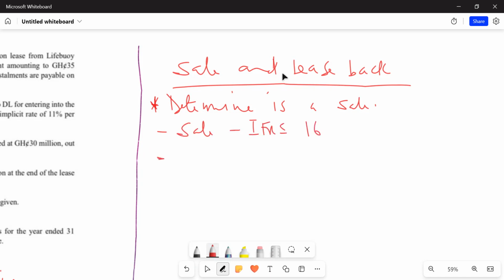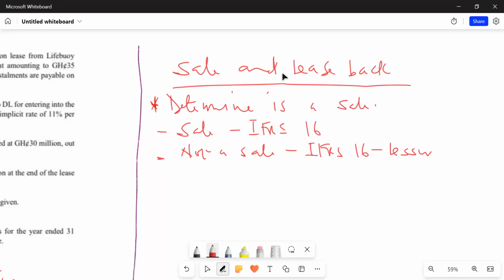If it is not a sale, IFRS 16 will still apply, but the lessor will still be having the asset.